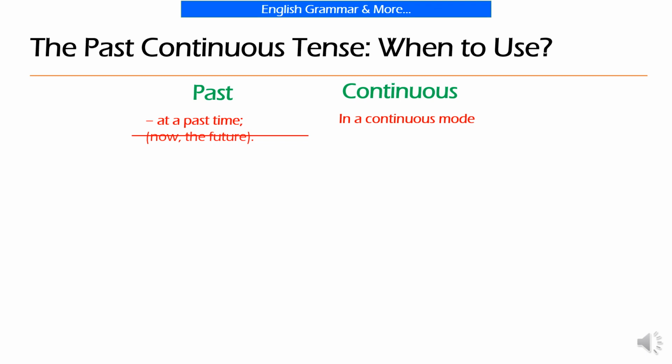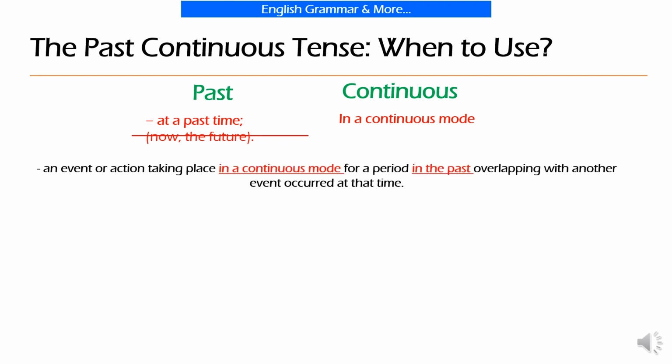It continues. In short, we can say that we use the past continuous tense form for an event or action taking place in a continuous mode for a period in the past, often overlapping with another event that occurred at that time. Now let's have a look at it in a few examples.